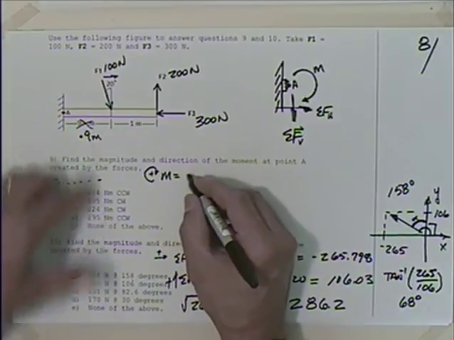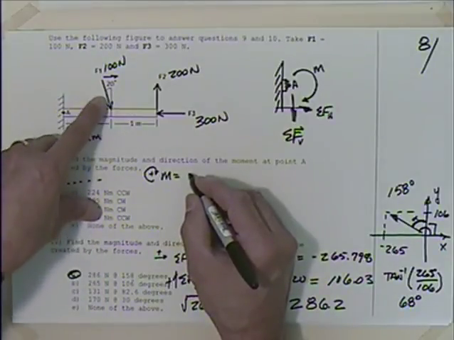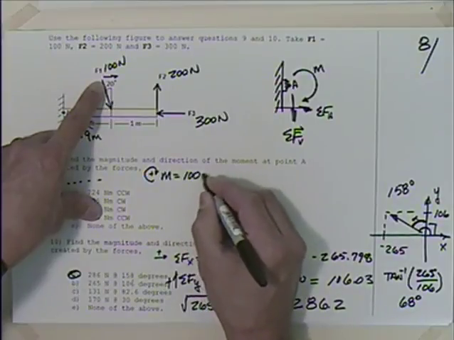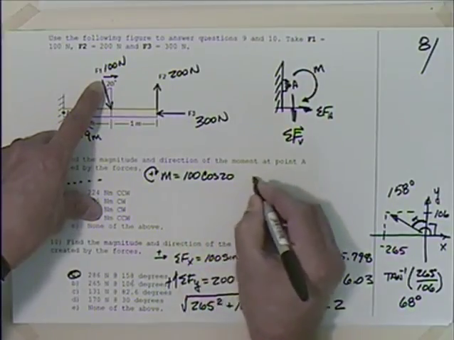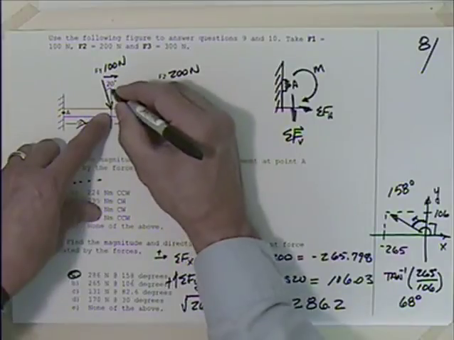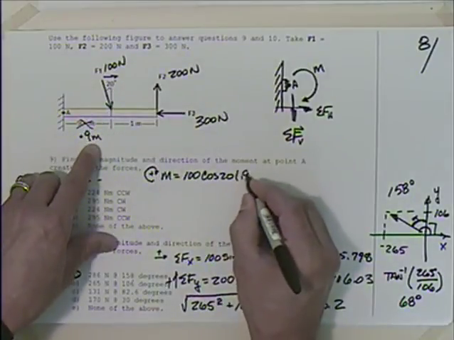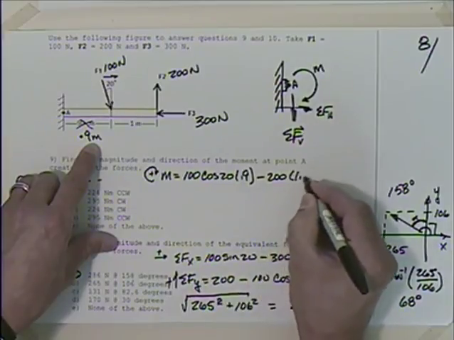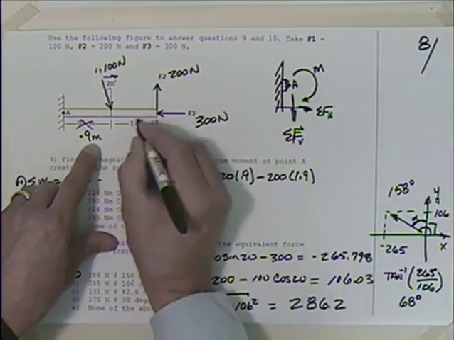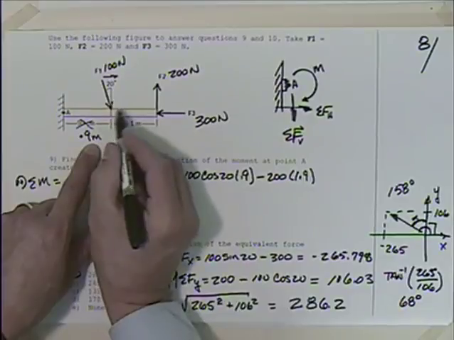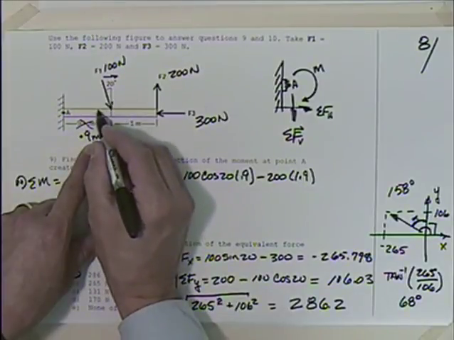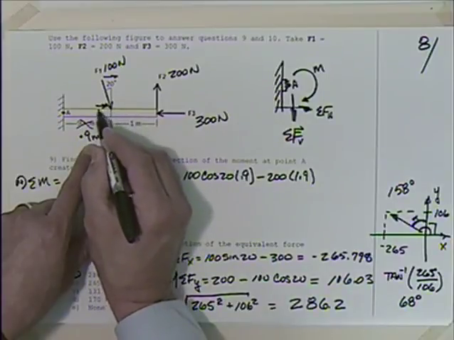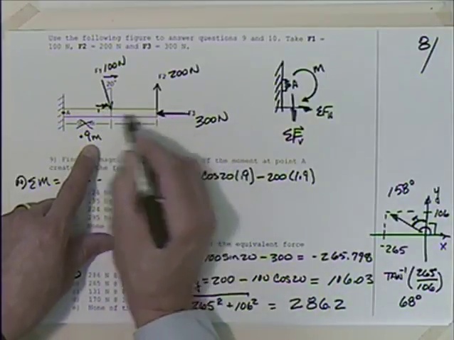So I'm going to have this, let's see, 100 times the cosine of 20. So that's that piece there, which acts through 0.9, minus 200 times 1.9. That's that, acting through that total distance. And then this piece here, we'll assume that this beam is pretty thin, so that this piece that's acting right there doesn't act through much distance, and certainly this intersects that point.